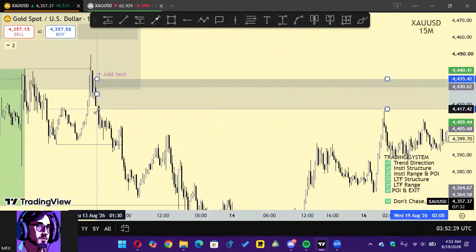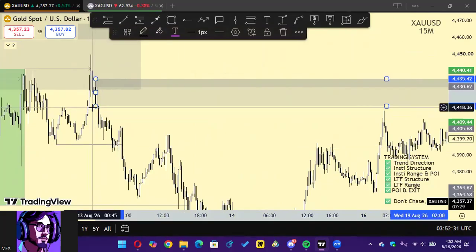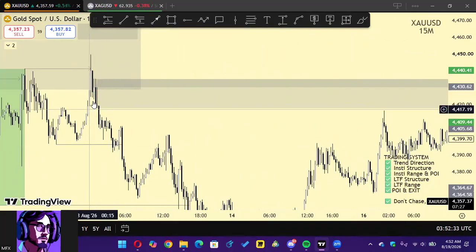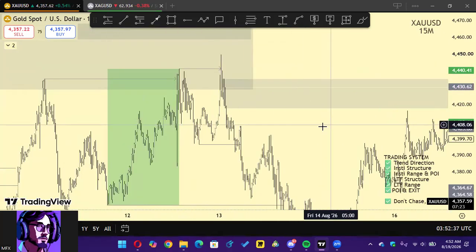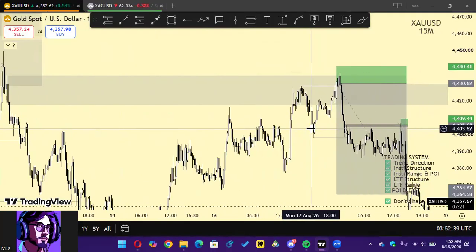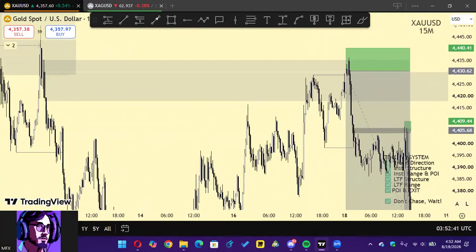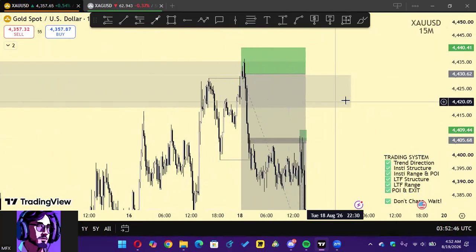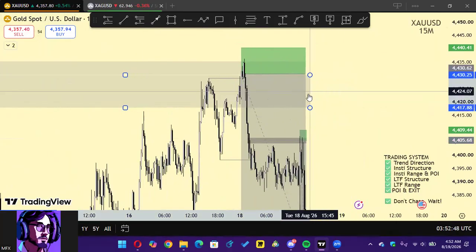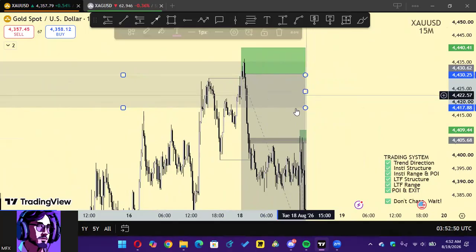Okay, no. Yeah, I was looking at this 15 minutes POI that was there, but I didn't place the trade. I talked about that earlier at the start of the video. I didn't place the trade, but this was not the right POI.